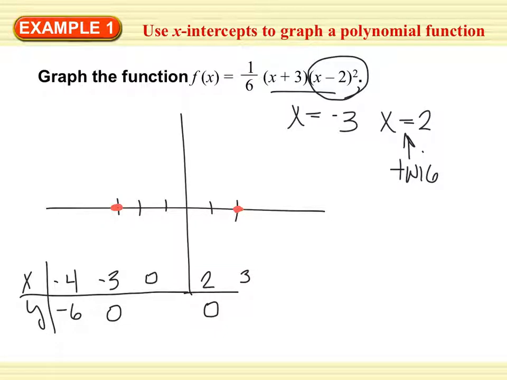If I plug 0 in for x, I get 3 times 4, which is 12, divided by 6 is 2. And if I plug 3 in, fancy calculator work, I get a 1. So if we plot these, I'm going to have -4, -6, way down there. 0, 2. And then 3, 1.